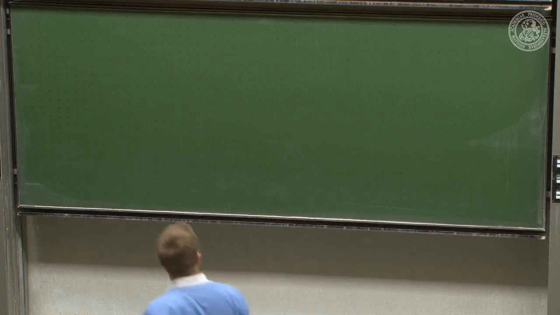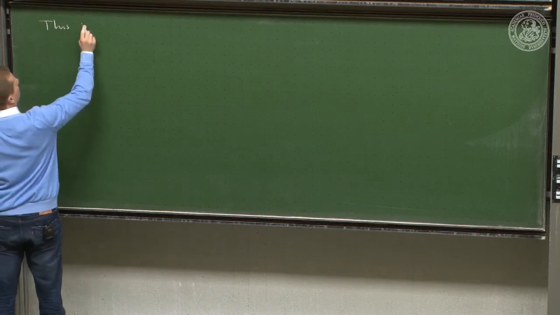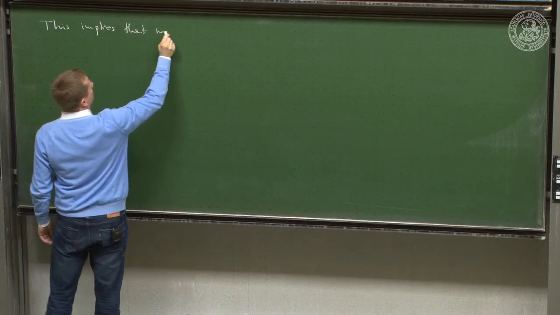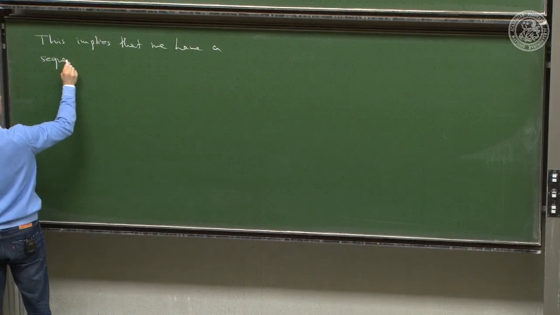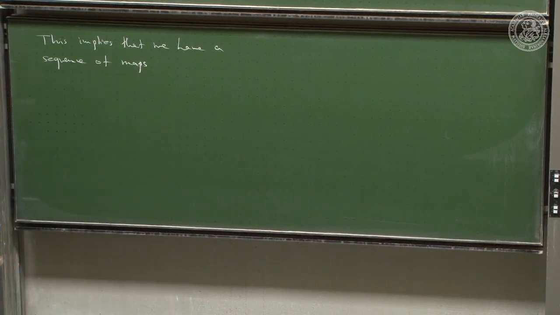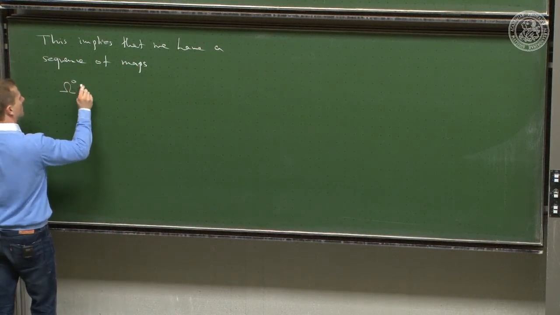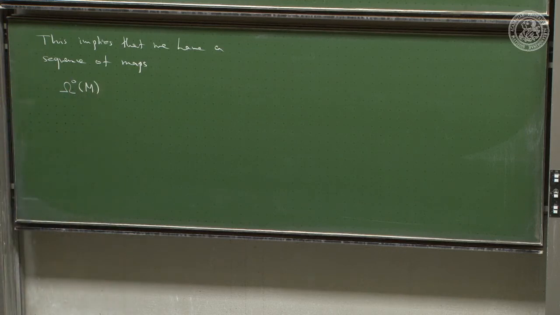Okay. This implies that we have a sequence of maps. So now let's be careful. So I start out, well, almost, I start out with the 0 forms, that is the smooth functions.